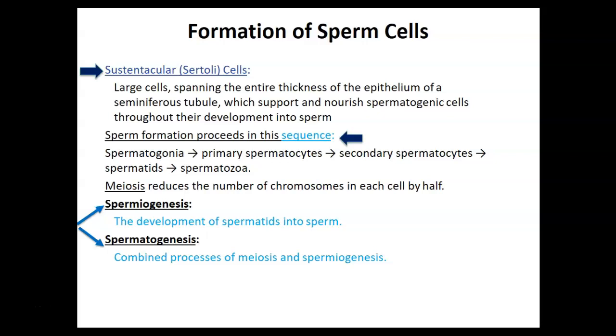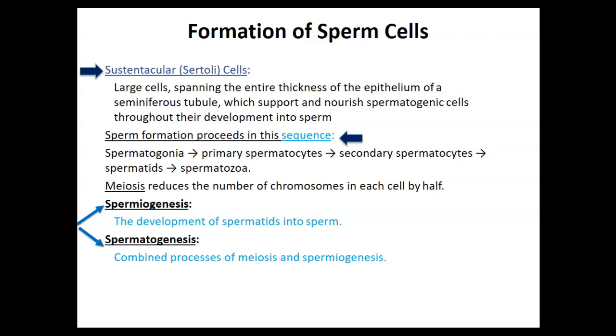So sperm are essentially born, for lack of a better term, through a very, very specific sequence. Spermatogonia are like the rudimentary precursors. They divide and become primary spermatocytes. The primary spermatocytes become secondary spermatocytes, and as they further mature, the secondary spermatocytes become spermatids. And then when the spermatids are finally able to propel themselves, or are fully motile on their own, they become spermatozoa.